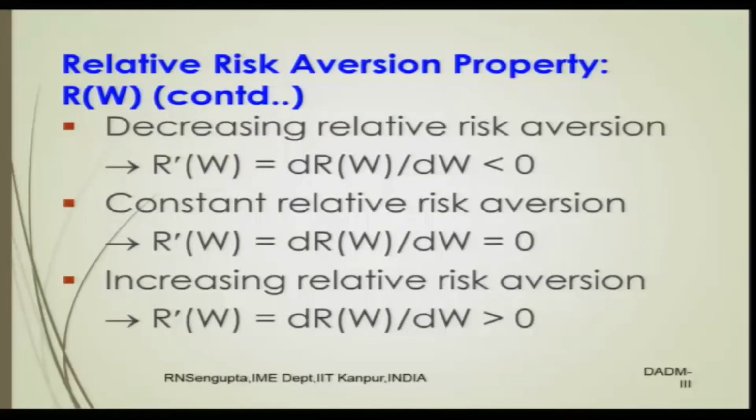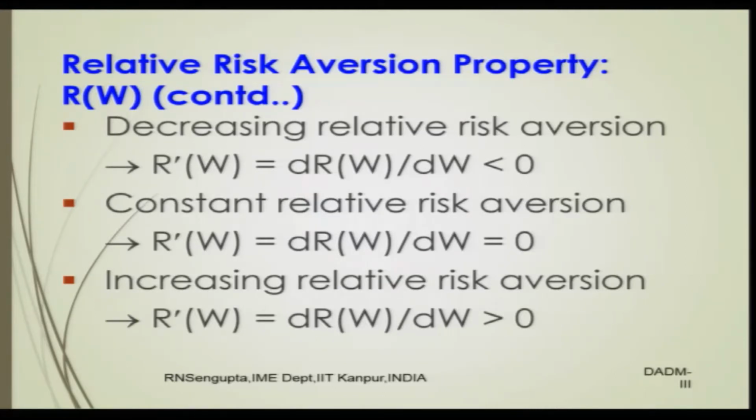Here, for decreasing relative risk aversion property, we consider R prime less than 0, it will be decreasing relatively. That is why it is a relative risk aversion property. Constant would be constant relative risk aversion property, and increasing would mean when it is greater than 0, that means R prime.